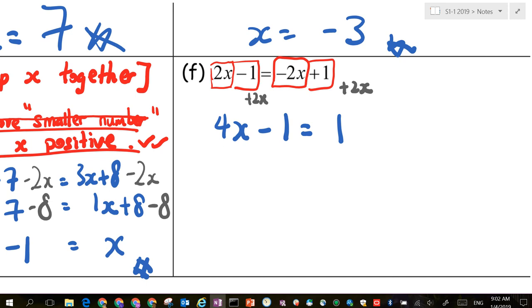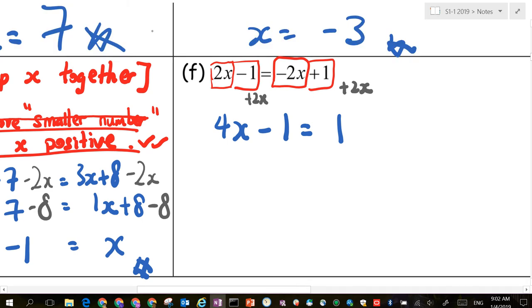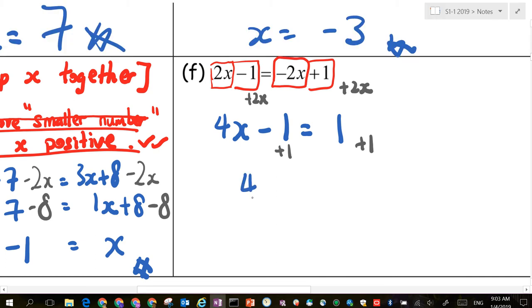So 4x equals to, what is 1 plus 1? 2. Right, you see? I have 4x. I have 2. I want to get 1x. What must I do on both sides? Divide by 4. Press your calculator, everyone.